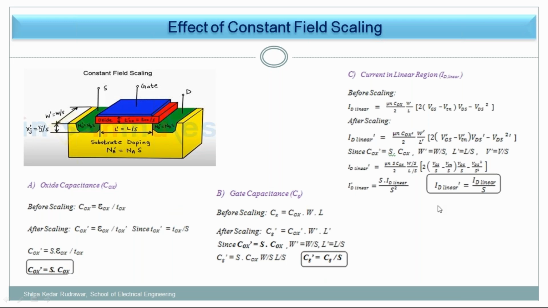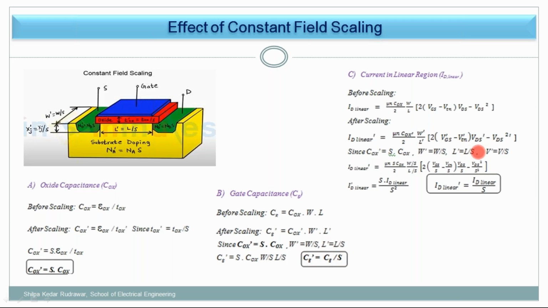Just let me know in the comment box, because this is totally theoretical. You should know that equation also. By substituting that value, you will find out the effect of scaling on the parameter. So now I can say my gate capacitance is decreased by scaling factor S after scaling.